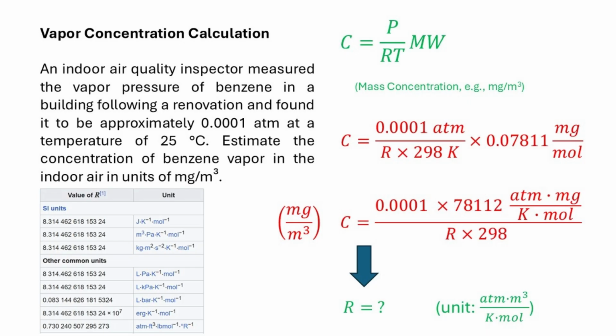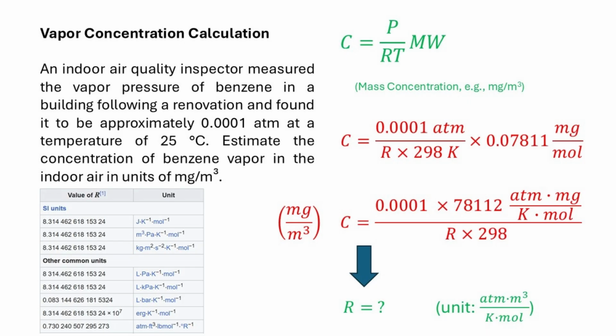Temperature T equals 298 Kelvin. Molecular weight of benzene is 78,112 milligrams per mole. And let's not forget that our target mass concentration is milligrams per cubic meter. Now, to balance the units on both sides of the equation tells us that our gas constant should have units of atm cubic meter over Kelvin mole.